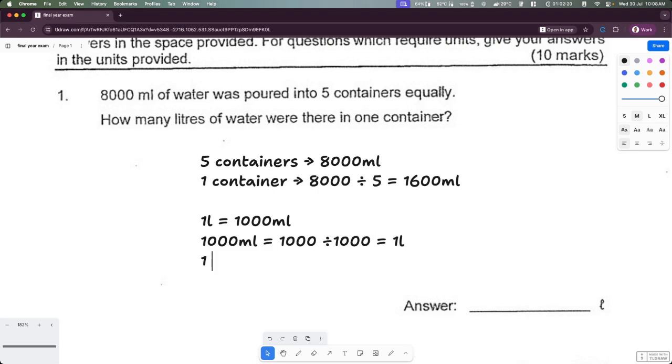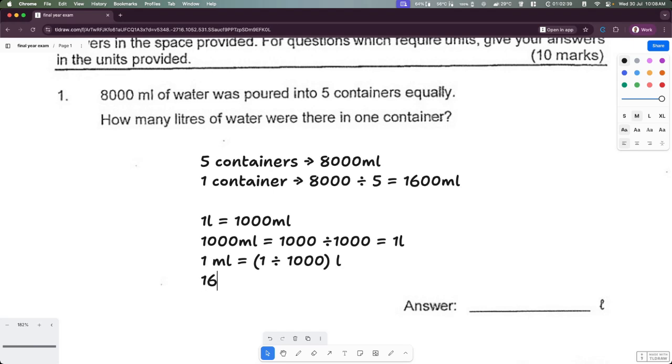So 1 milliliter is equal to 1 divided by 1,000. I'm not going to calculate this because this is just an equation.